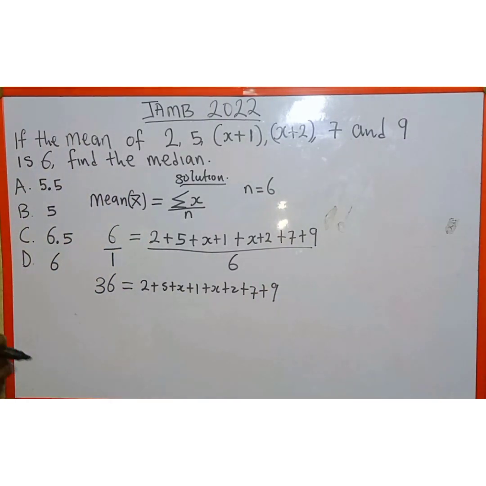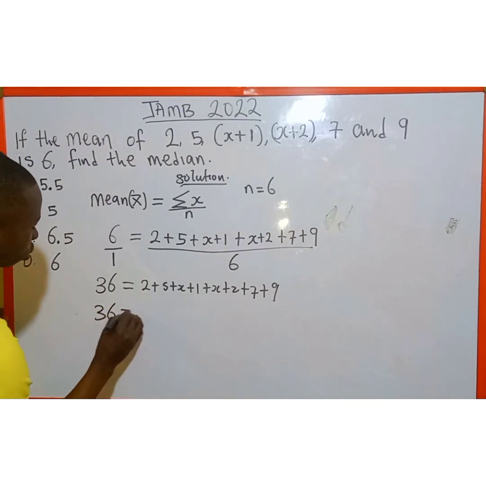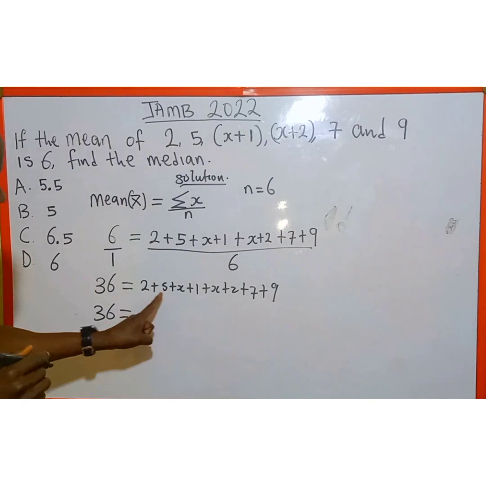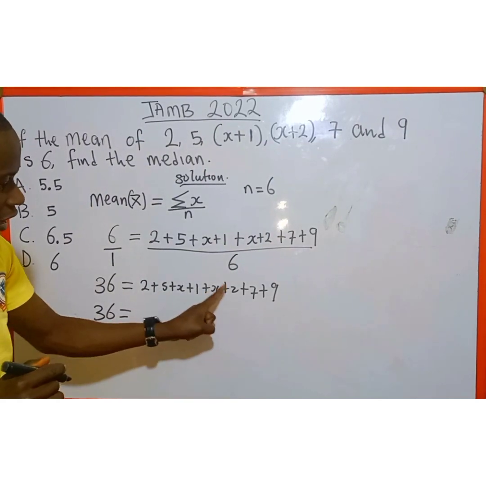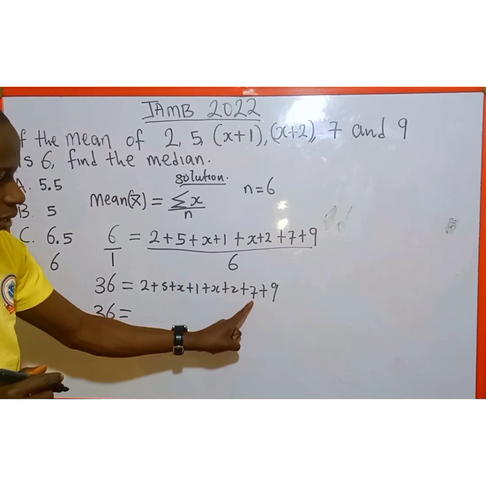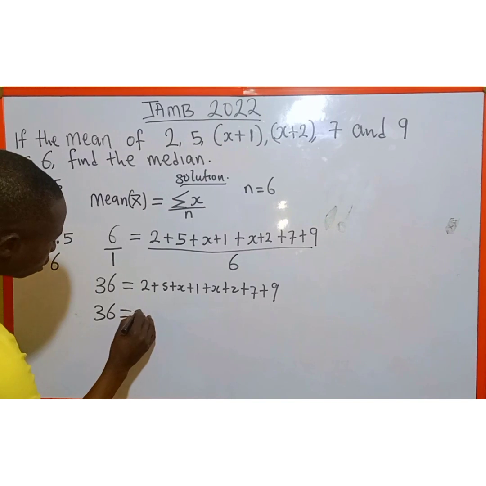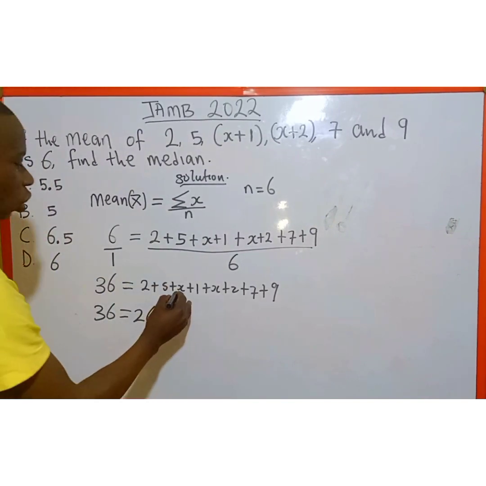The next thing is to combine the like terms. First, let us add the constants together. 2 plus 5 is 7, 7 plus 1 is 8, 8 plus 2 is 10, 10 plus 7 is 17, then 17 plus 9 gives 26. So the constant is 26.